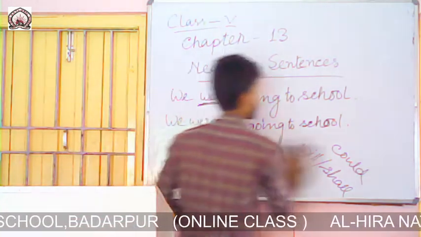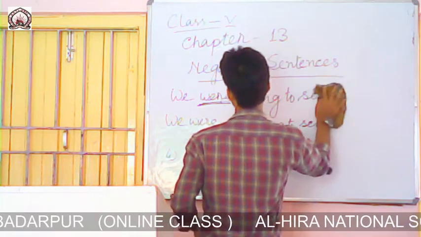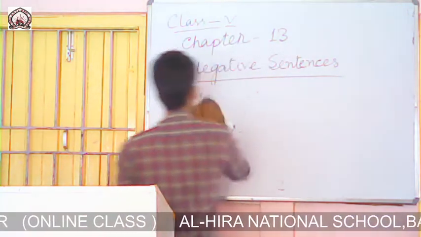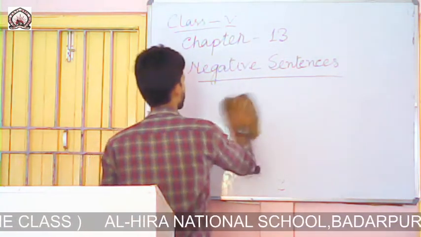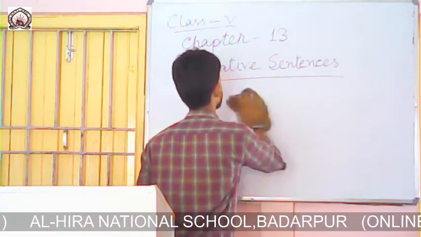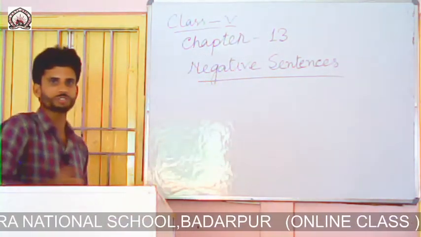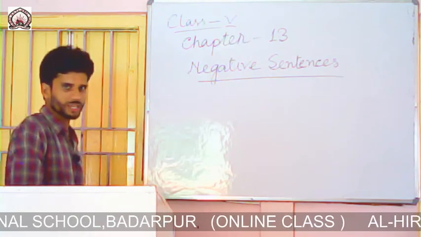Now, what to do when auxiliary verbs are not there? When an auxiliary verb is not there in the sentence, what to do in that case? How to change the positive sentence into a negative sentence in that case?